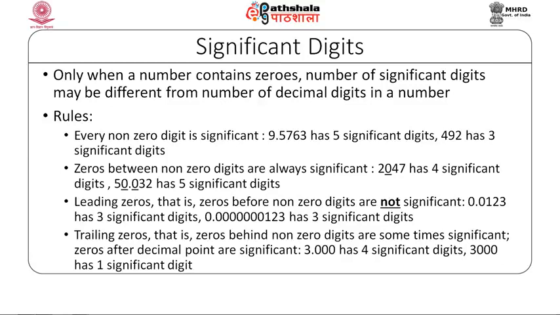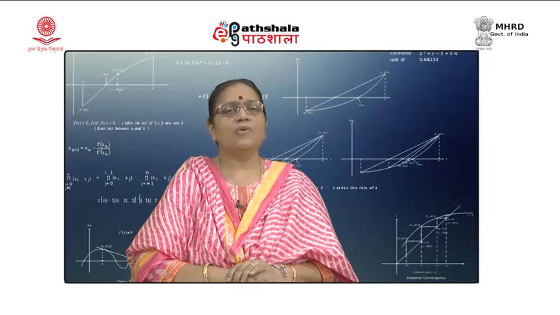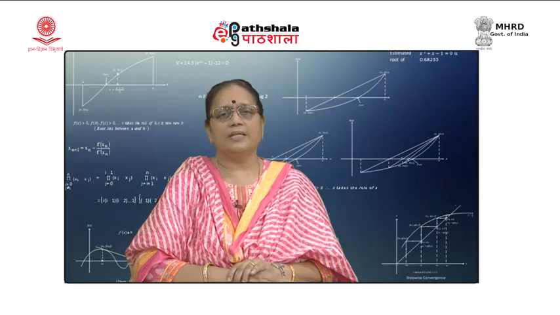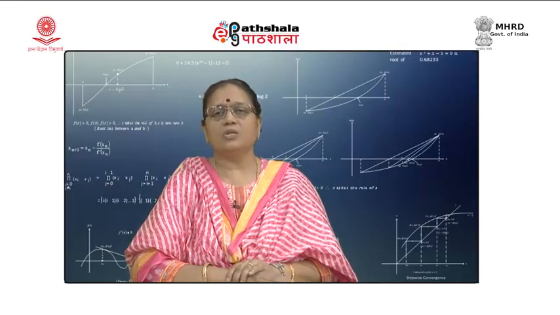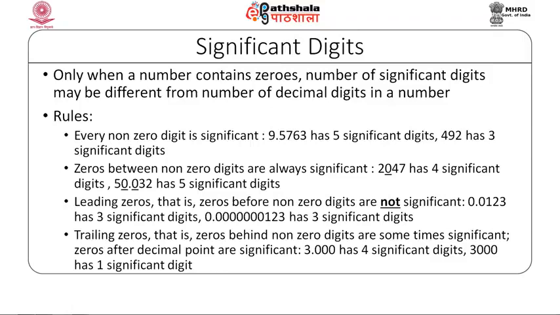Zero may be significant or may not be significant, that is the question. If a number has some zeros in it, we need to find out when a 0 is a significant digit and when it is not. What we have learned so far is that a 0 between non-zero digits is a significant digit. The third rule is about leading zeros, that is the zeros occurring before non-zero digits, which are not significant.